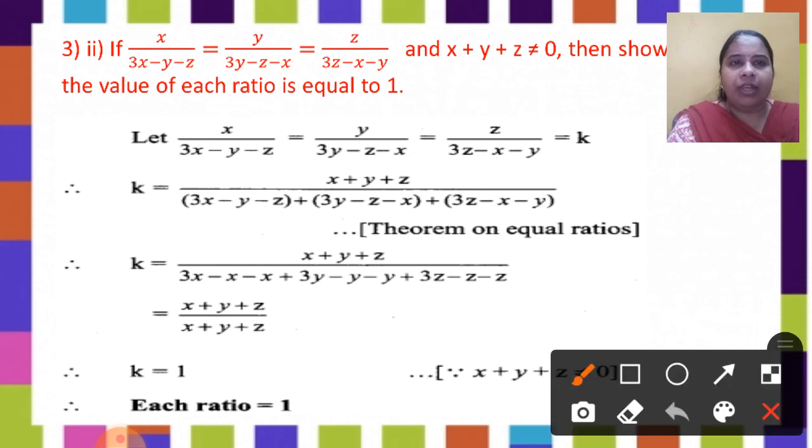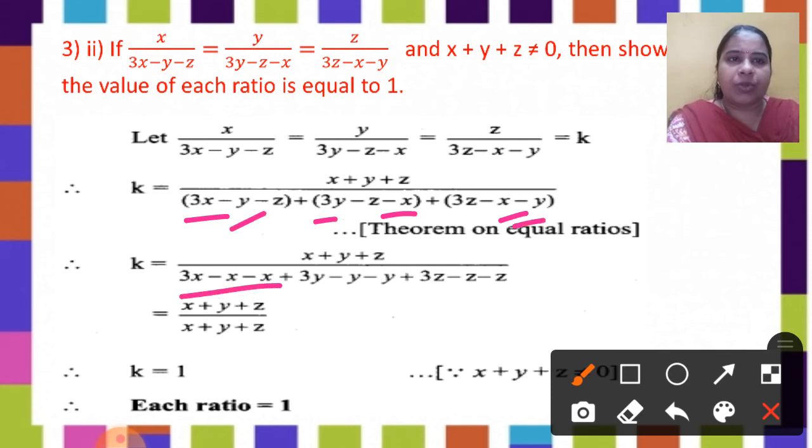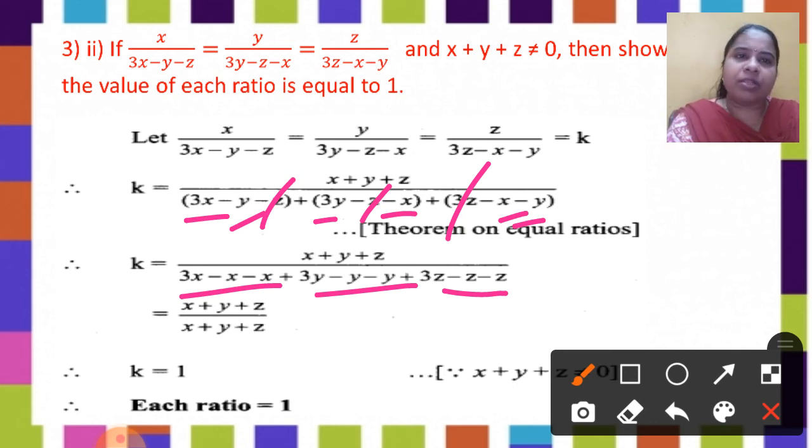We need to write the like terms together. 3x minus x together. 3y minus y together. And 3z minus z and minus z together here. So these are like terms written together. Let us simplify it. It will be 3x minus 2x, 1x. 3y minus 2y, 1y. 3z minus 2z, 1z.